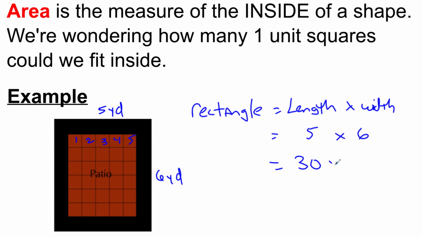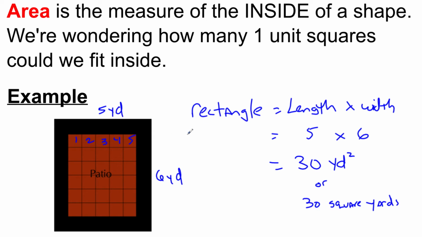My label for this is going to be yards squared, or you might see it written like this. It's the same thing. You might see it written as square yard. So instead of using the shorthand, they might actually write out the word square. And so what they're describing when they say 30 square yards is they're saying if you come over here and you divide up the inside of this space, you could actually fit 30 real squares that are 1 yard by 1 yard.